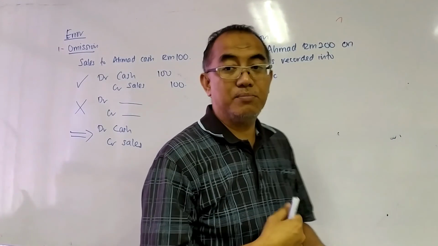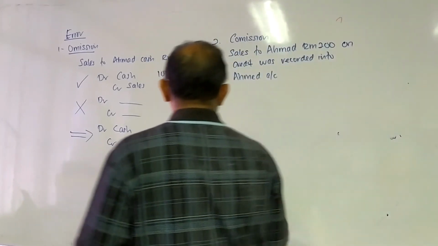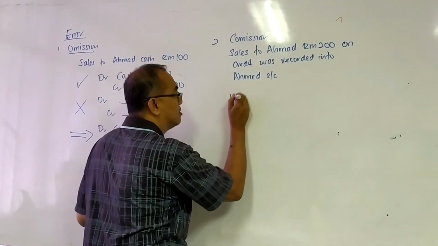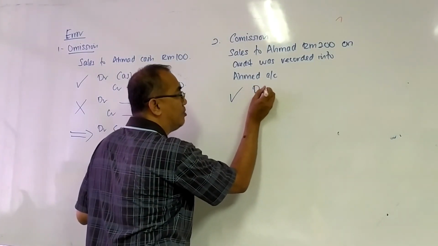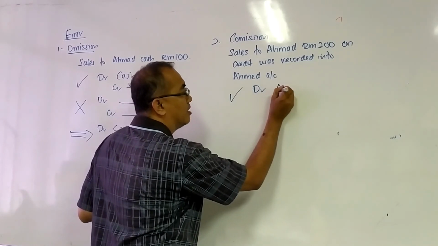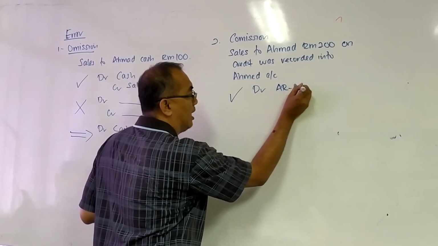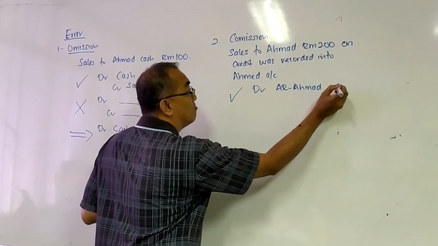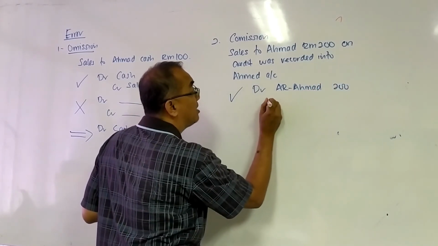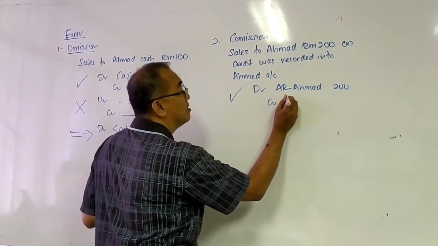You have made a sale to Ahmad. By right, this is the correct one: debit account receivable Ahmad and credit sales.